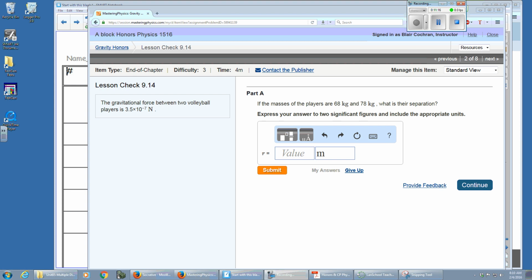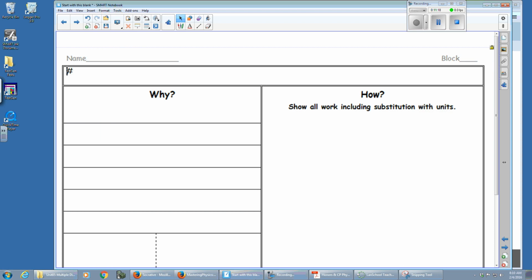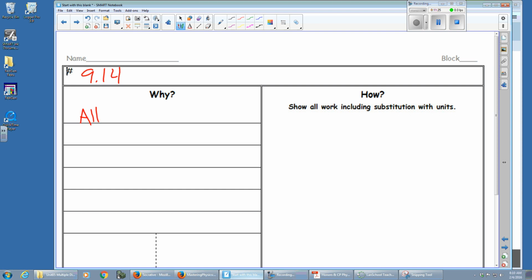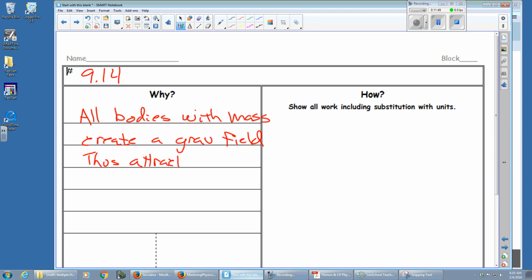And what we've got going on here is that bodies with mass create a gravitational field, thus attracting any other body with mass.